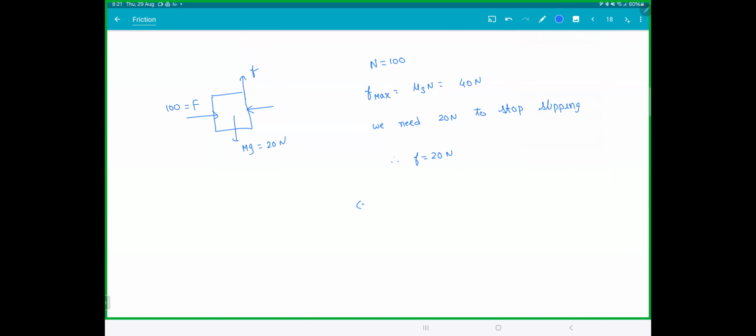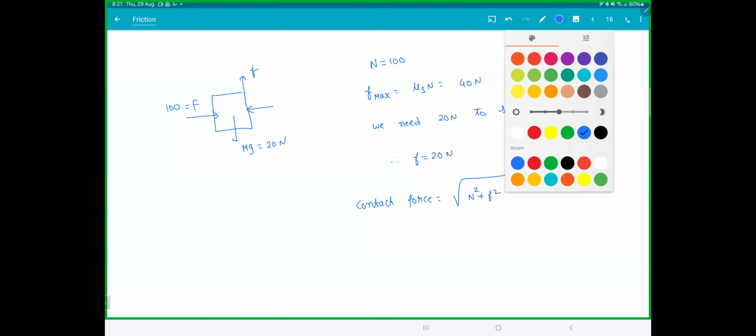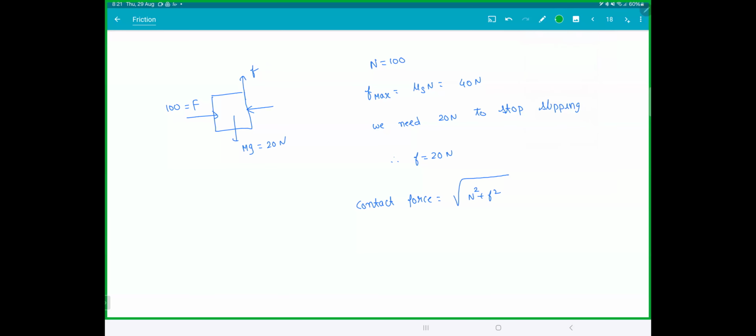So what is a contact force? Contact force is root over N square plus f square. Always be careful. Here, never write f max directly. If you observe, I always write f only. Never write f max without being sure it is slipping.